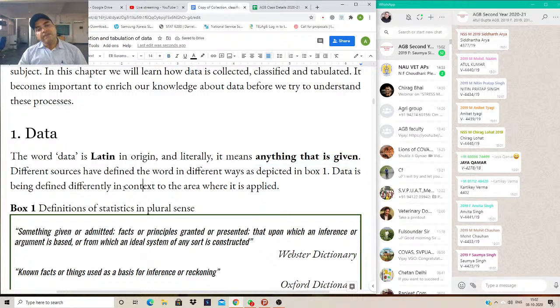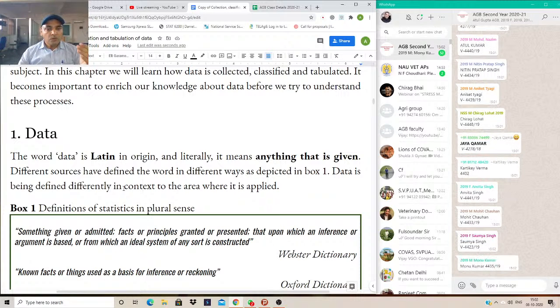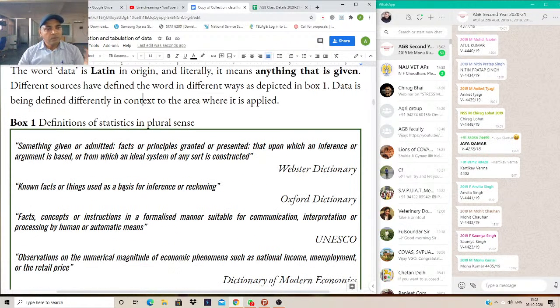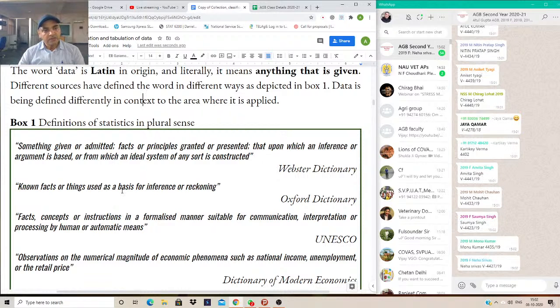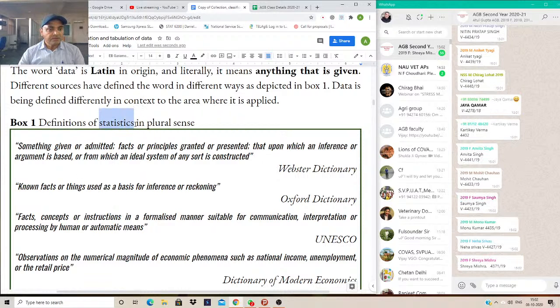Now, different sources have defined data in different manners. This box is the definition of data, not the definition of statistics.